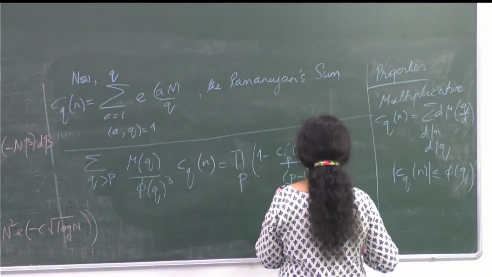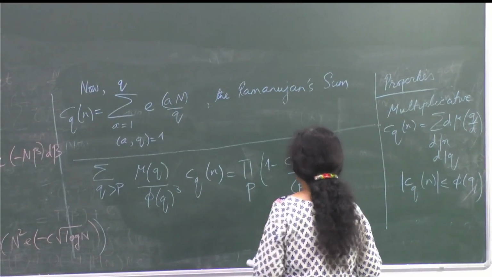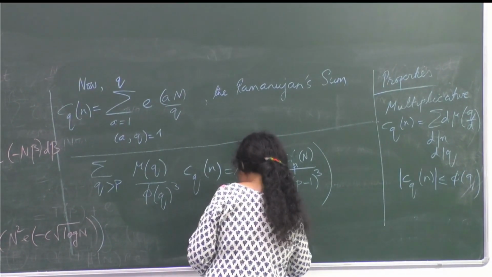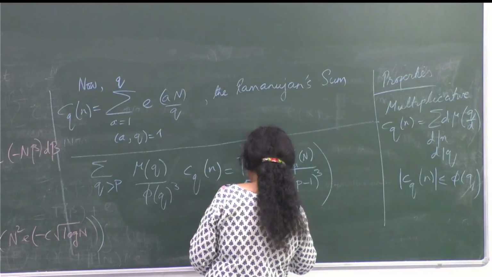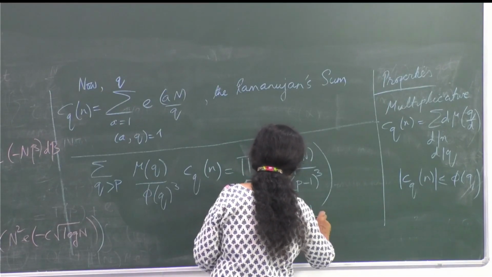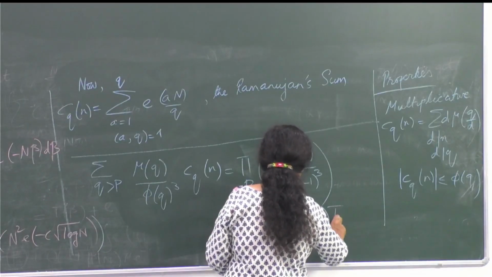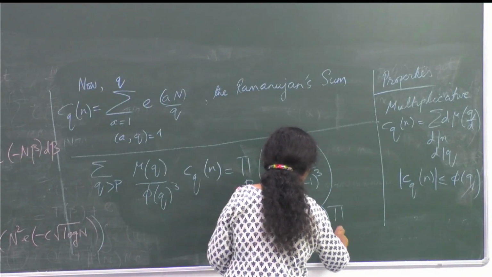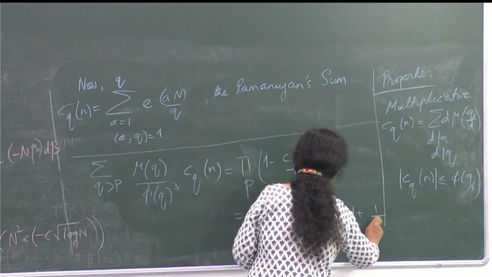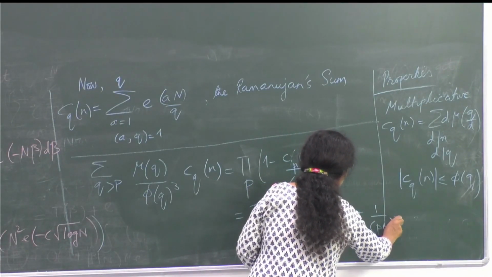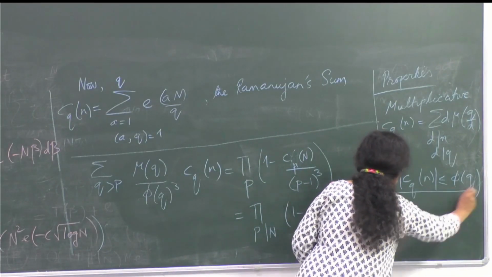So the product of p of 1 minus c_p of N, and that's equal to the product over p dividing N of 1 minus 1 by p minus 1 squared. It's exactly where we wanted to come. For p not dividing N, 1 plus 1 by p minus 1 cubed. And that is equal to S of N.